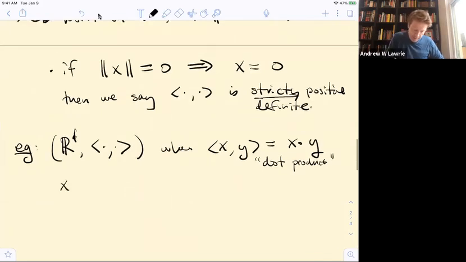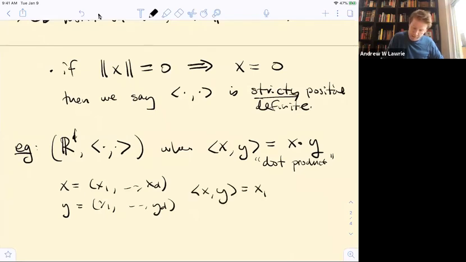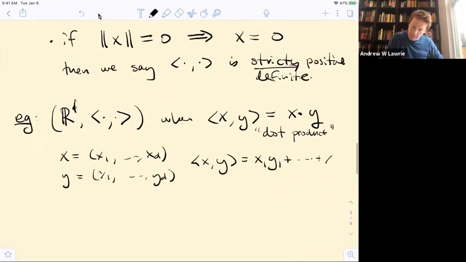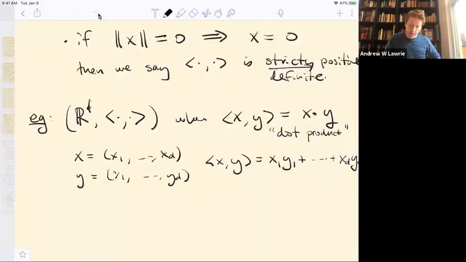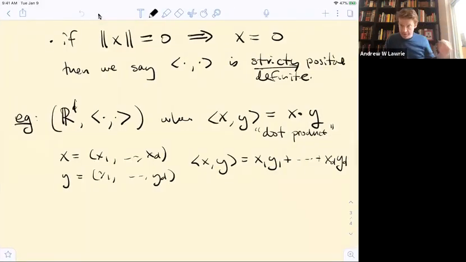So if x is equal to (x1, ..., xd) and y is equal to (y1, ..., yd), then the inner product is x1 y1 plus ... plus xd yd. That's a familiar example of an inner product space. It's just the Euclidean space of dimension d.